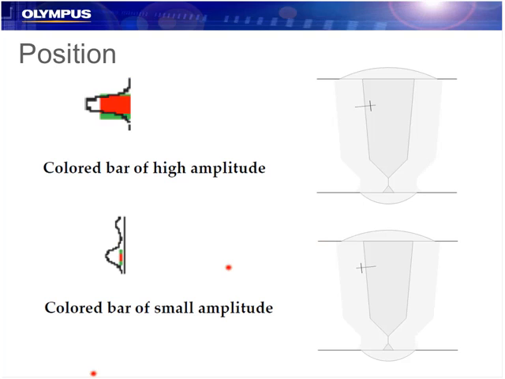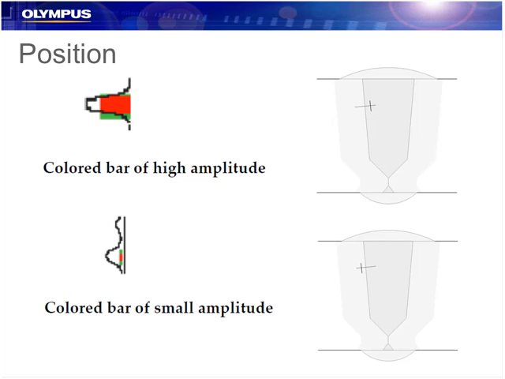Just another example of how we use the quick information in the zones. If we have a colored bar of high amplitude, like in this case, we're getting the information that the indication is on the far side of the zone. So here, this is our gate centered on the bevel. By having a high bar, I can quickly look at a zone and know that it's on the far side of that zone.